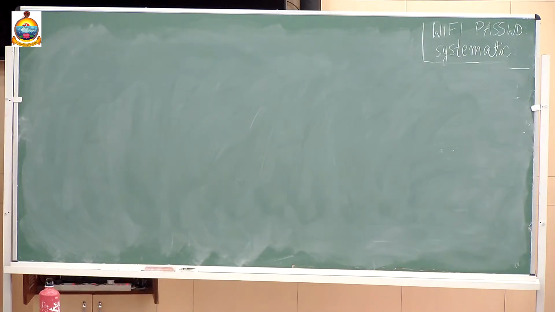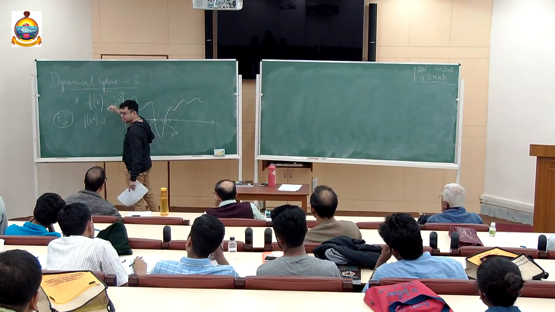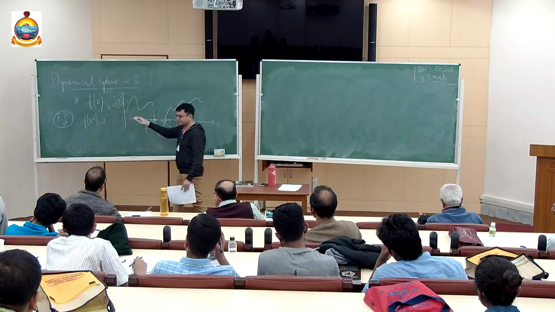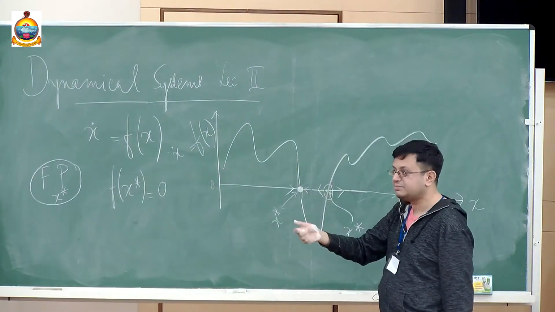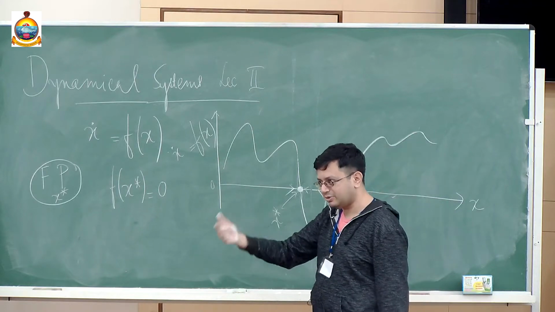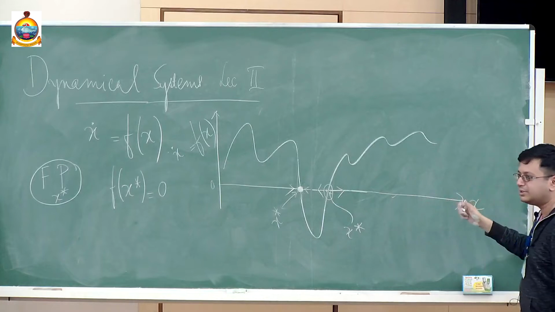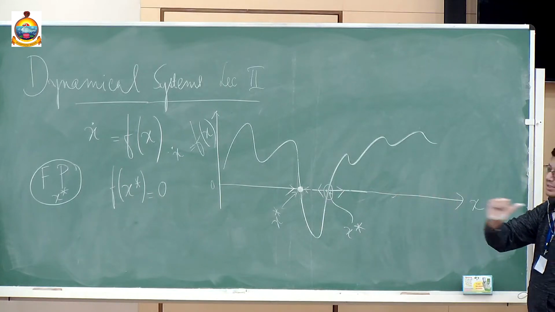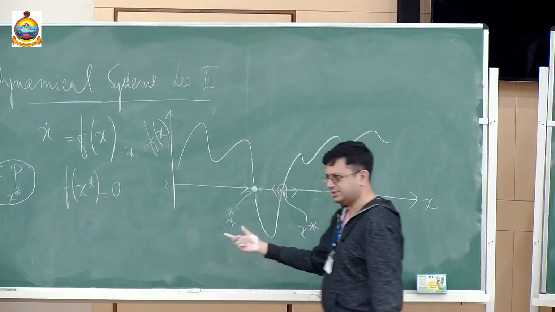What is this graph f of x? But f of x is nothing but x dot, right? f of x is by definition x dot. So if f of x is positive, that means x dot is positive. If x dot is positive, that means the velocity is positive. It's a one-dimensional line, so positive means x is increasing in time, and negative velocity means x is decreasing in time.